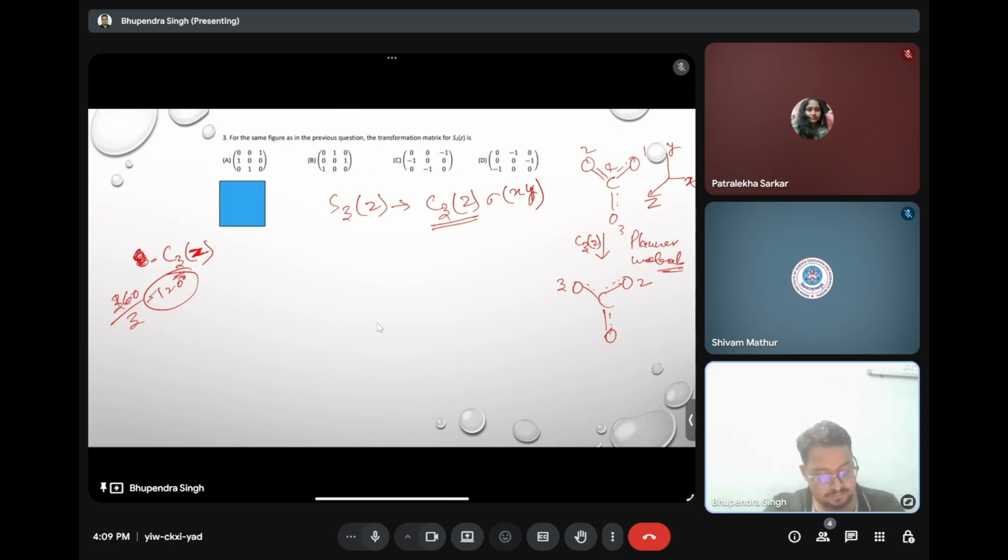So if you try to find out the matrix for C3, what will it be? Let's say X, Y and Z, and the new coordinates are X dash, Y dash and Z dash.